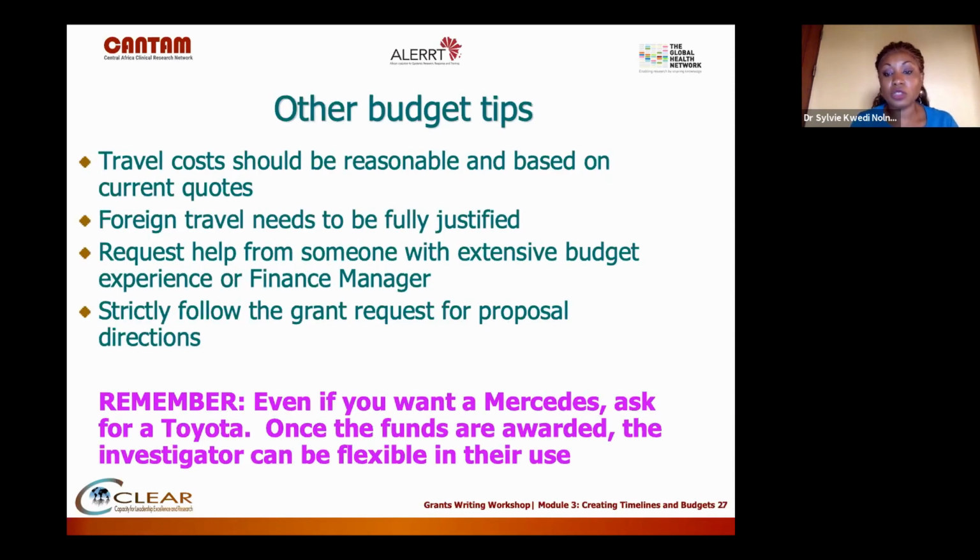Now I'm just going to go through other different budget tips. I cannot say enough, be reasonable. It looks really, really bad if the reviewer has the feeling that you're trying to over budget. I usually say that as a researcher, all I have is my name.